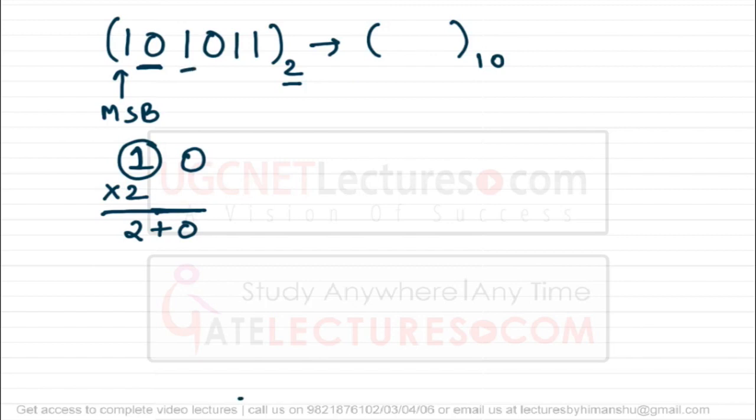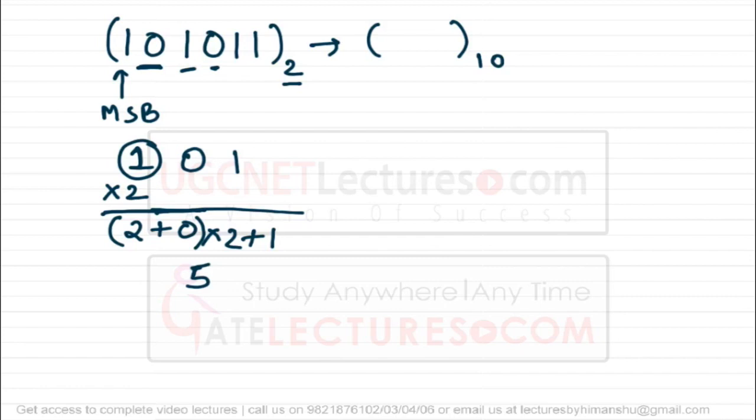Now I need to append 1. To append 1, I follow the same procedure. I multiply this with 2 and add 1. What is this? 2 into 2 plus 1 is 5. So the total value of this number till now is 5. Now I have to append 0.